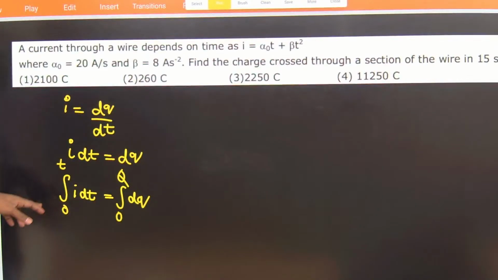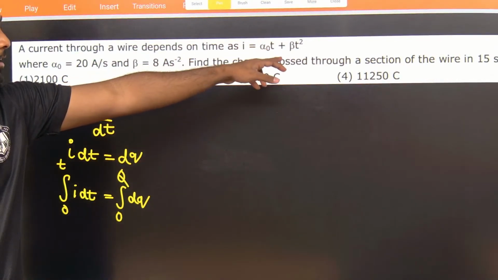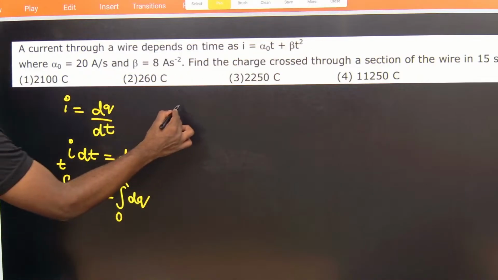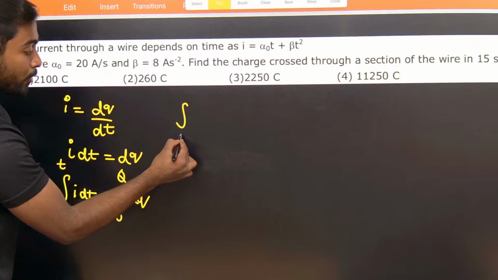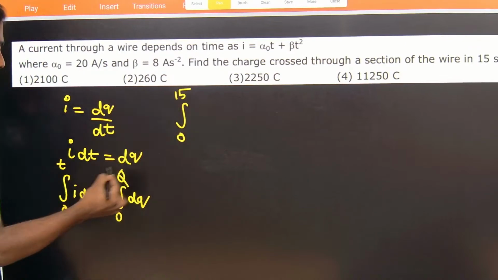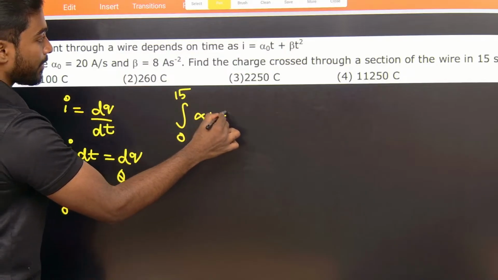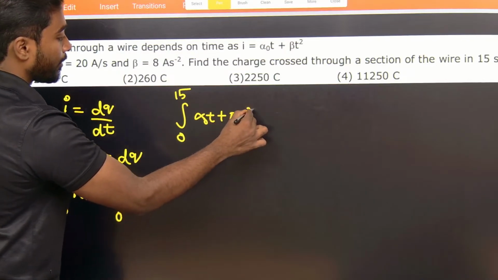What is I now? I is alpha t plus beta t square.